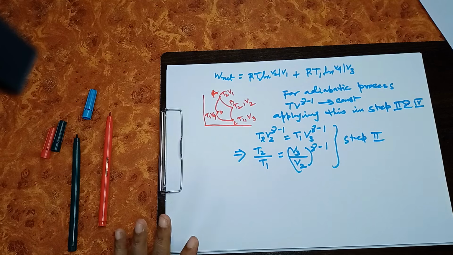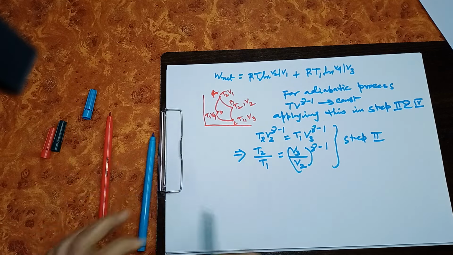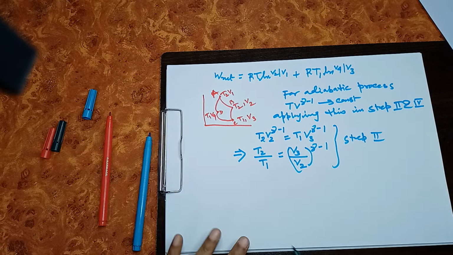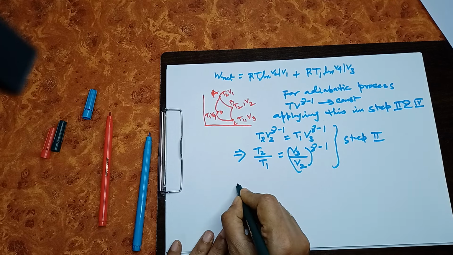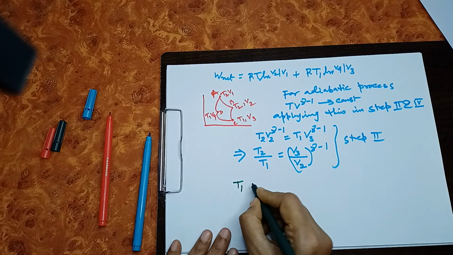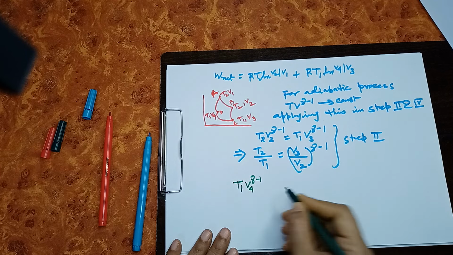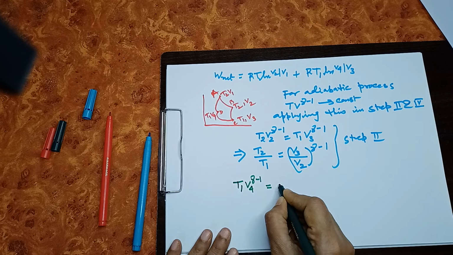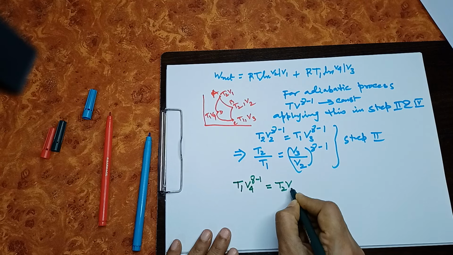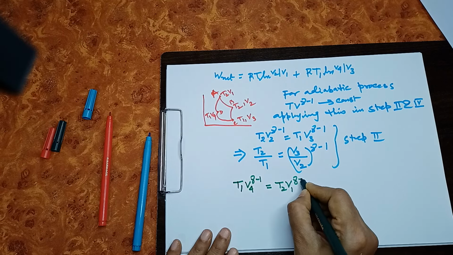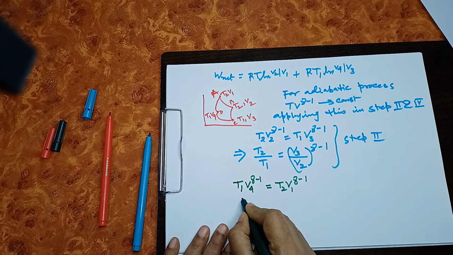Now for step 4, what can we write? The step 4, you see this part. Okay. So T1 V4 to the power gamma minus 1 is equal to T2 V1 to the power gamma minus 1. So what is T2 by T1?